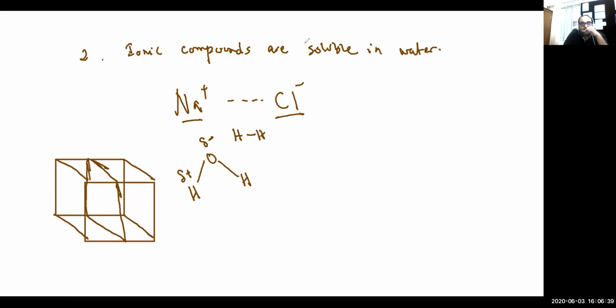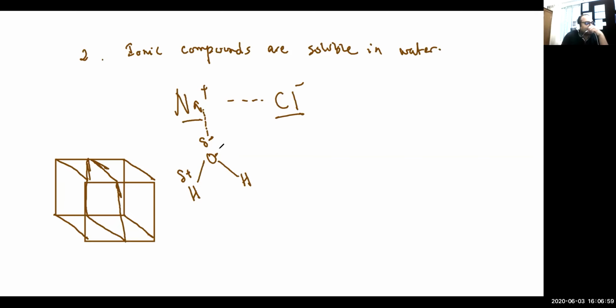So the oxygen can form some bonds between the oxygen atom and a sodium ion. There's some bonds formed between the sodium ion and the oxygen atom.